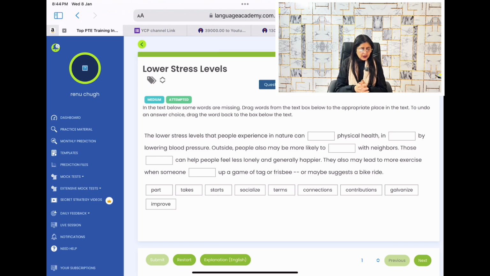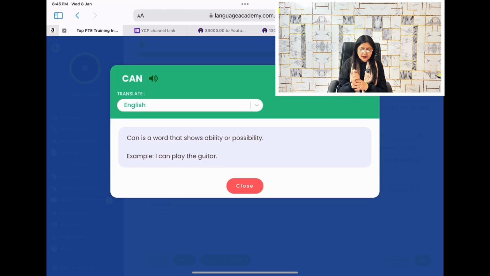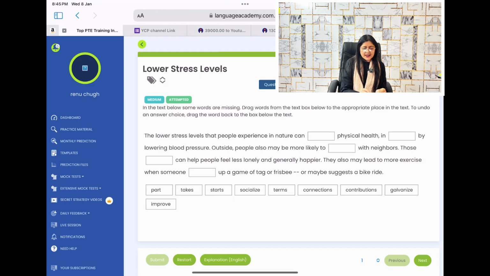Now, first of all, what we need to see is the grammatical part, okay? If we go to the first one, we have can. With can, we have to use V1, that is the first form of the verb. In dash, after in obviously there will be some noun, and then those dash can help.